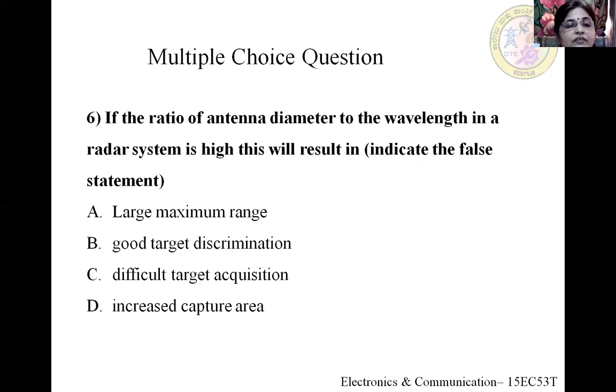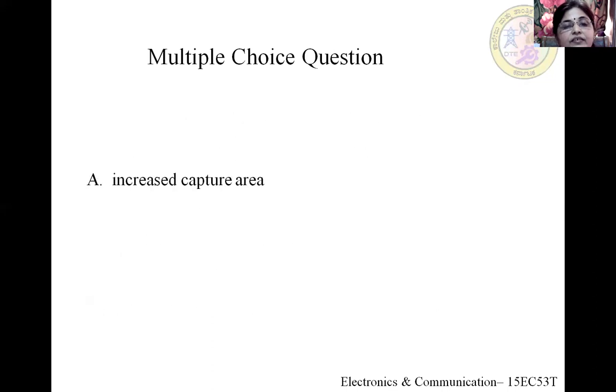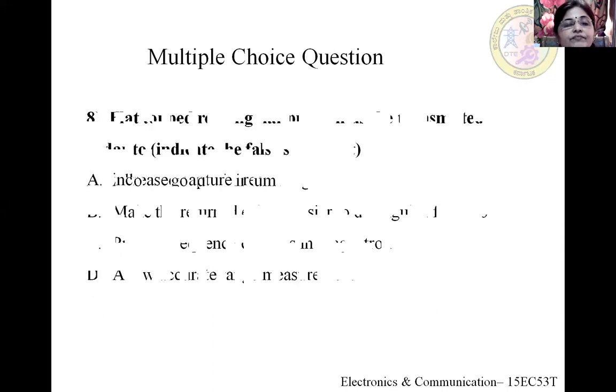So which is the right option here? Large maximum range in option A, good target discrimination in option B, C means difficult target acquisition, D means increased capture area. So which is the right answer here? So A, increased capture area.